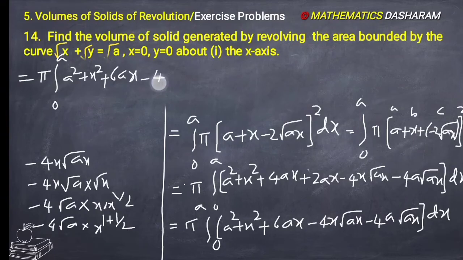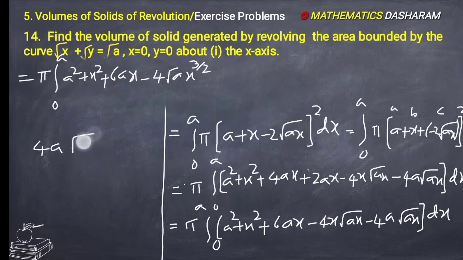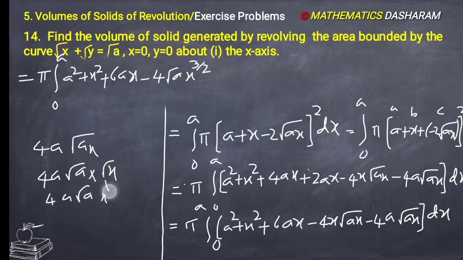So finally minus 4 root a into x to the power of 3 by 2. Next, 4a into root a into root x, so 4a into root a into x to the power of 1 by 2. So it is minus 4a into root a into x to the power of 1 by 2, whole dx.